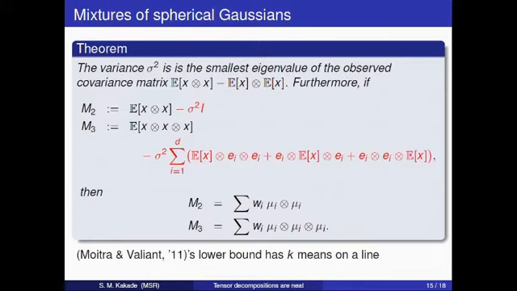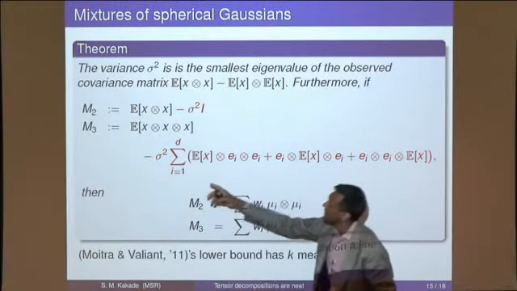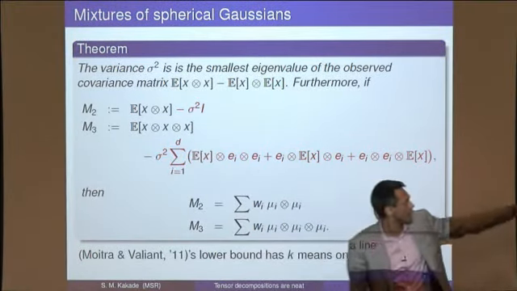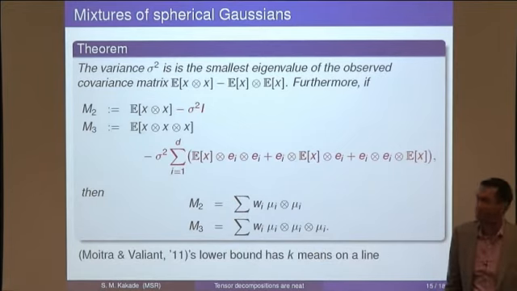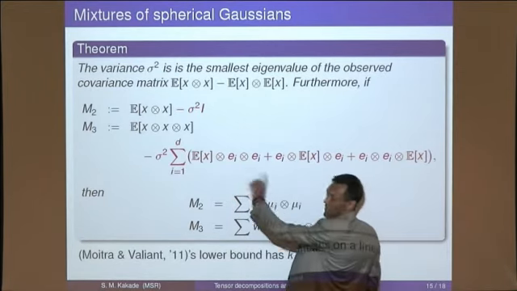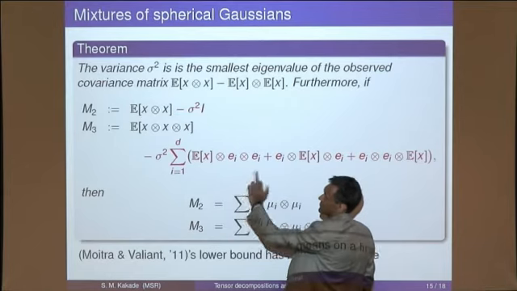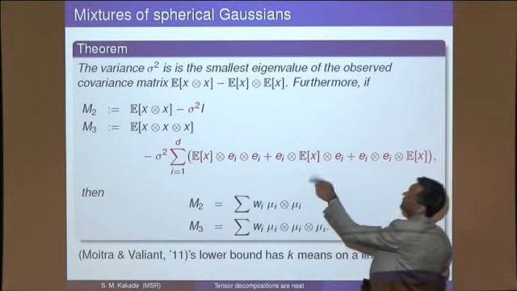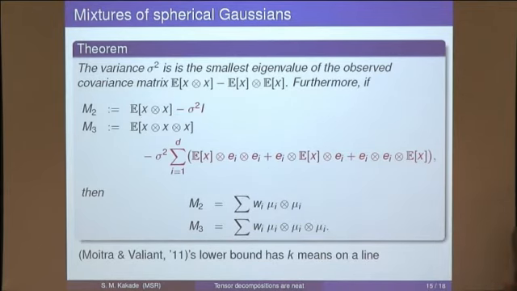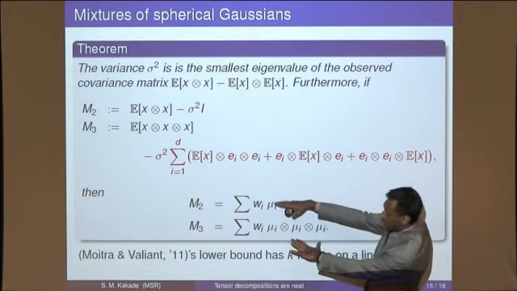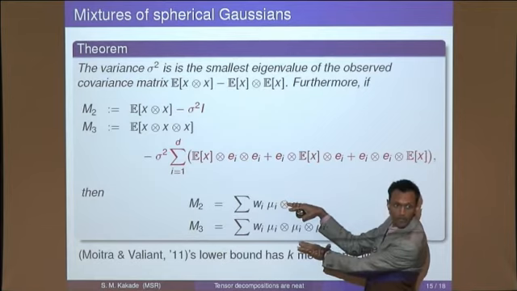What do we do? We subtract out sigma squared times the identity because we can estimate it, and then we just do the tensor version of 3 sigma squared to get rid of it. These e_i are the basis vectors, so this is really just mean, 1, 1, 1, mean, 1, 1, 1, mean, minus sigma squared. And these two exactly have the structure we want.